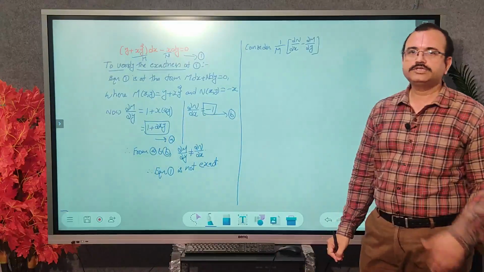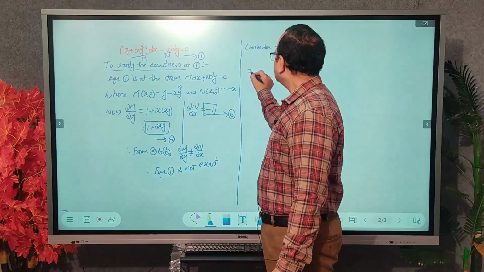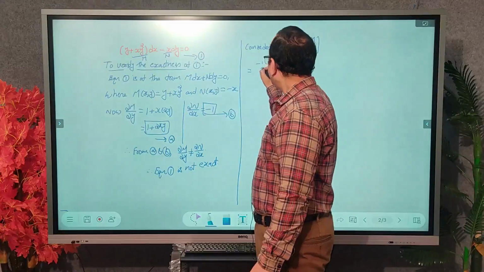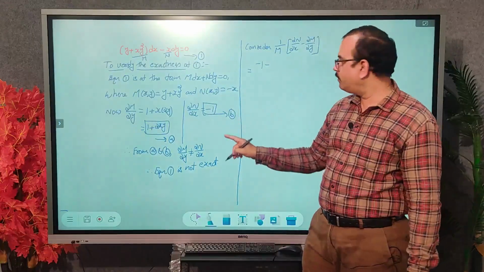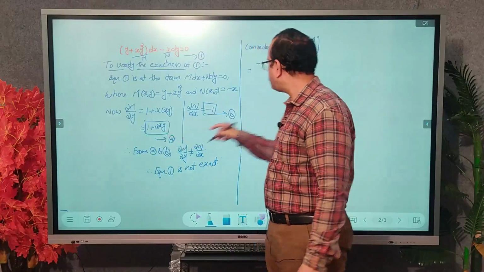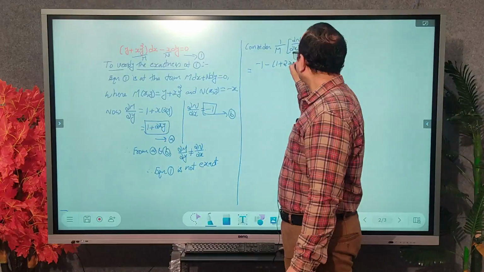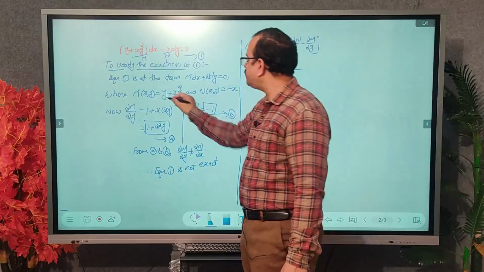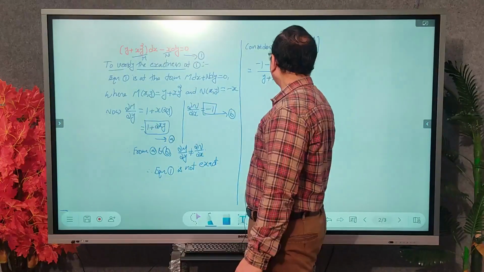That is nothing but ∂N/∂x, which from equation B is −1, minus ∂M/∂y, which from equation A is 1 + 2xy, divided by M. What is M here? y + xy².